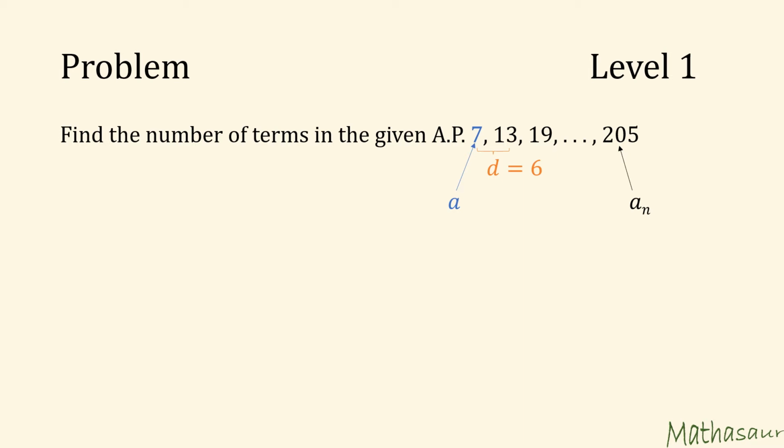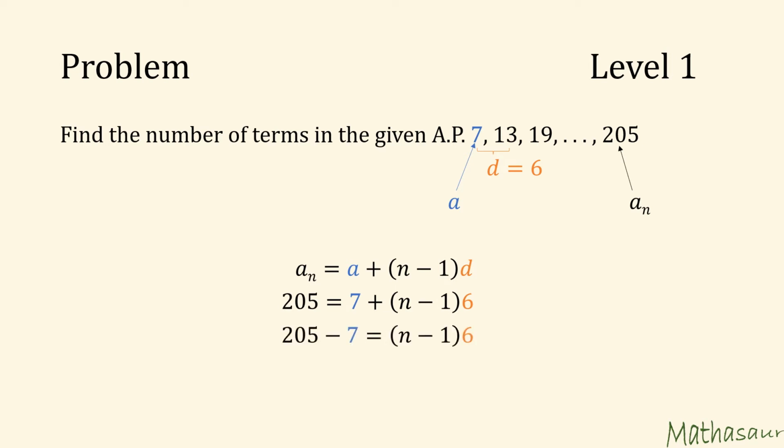Can you think of a relationship between an, a, d and n? Yes, we just learned the formula. So let us write an equals a plus n minus 1 times d. Let us substitute the values and solve for n. We get n equals 34, which means that the given AP has 34 terms.